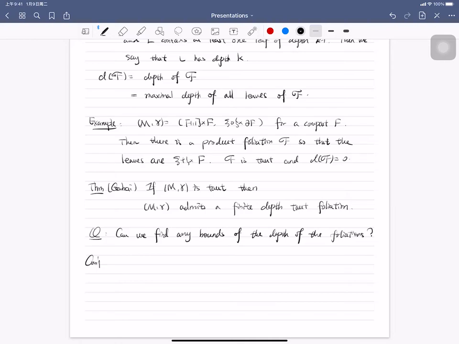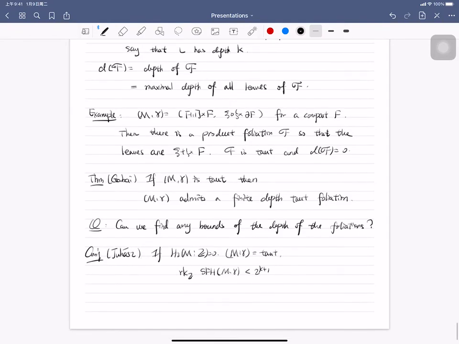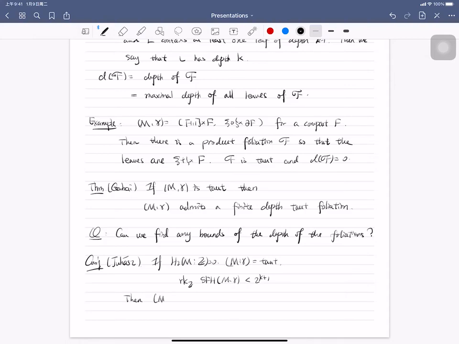There's only a conjecture by Ozsváth that if H2 of M is 0, and M and gamma is taut, and the rank of the sutured Floer homology of M and gamma is smaller than 2 to the k plus 1 power, then he conjectures that the balanced sutured manifold admits a taut foliation of depth at most 2k.